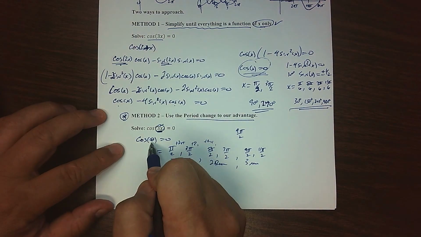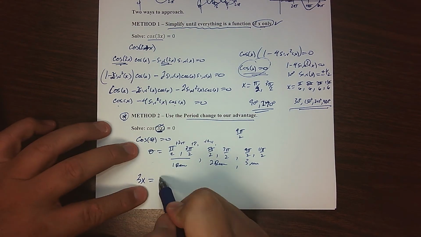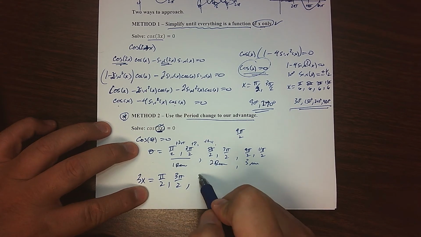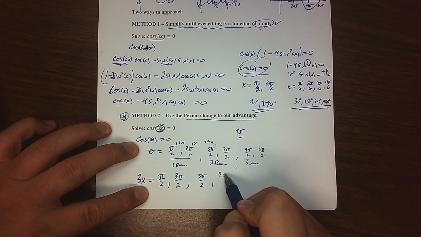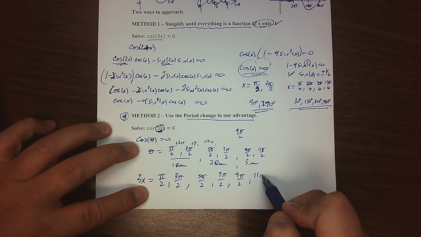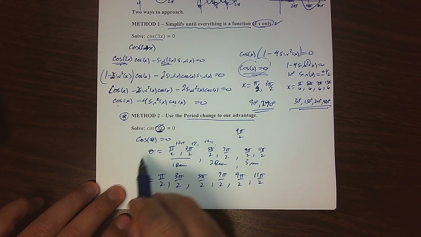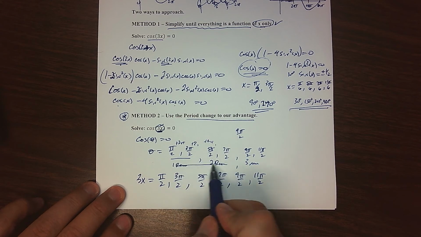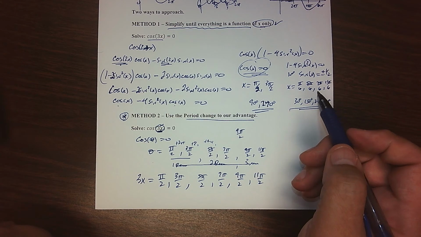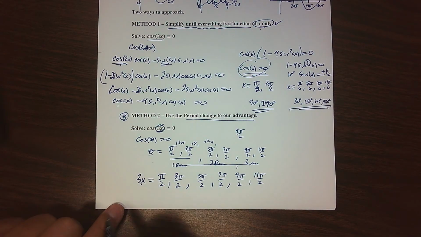I'm going to now go back, and this theta, I have 3x equals pi over 2, 3 pi over 2, 5 pi over 2, 7 pi over 2, 9 pi over 2, and 11 pi over 2. So I use a substitution to analyze what I had. I went out 3 periods since I know our period is changing by a factor of 1/3. So then I went back and substituted what theta is, to solve for x.